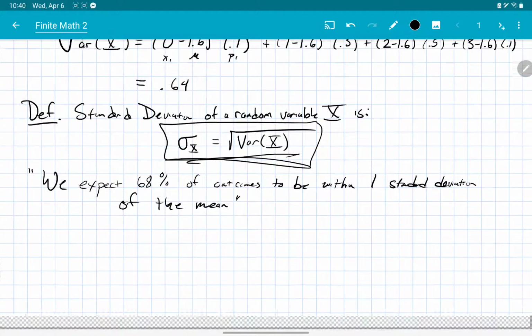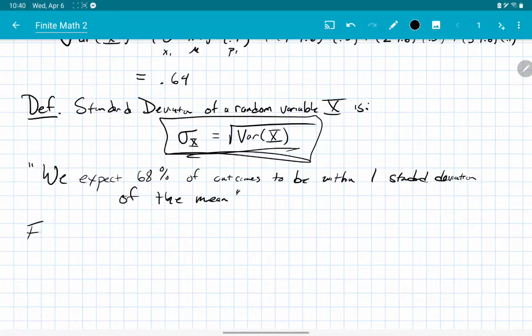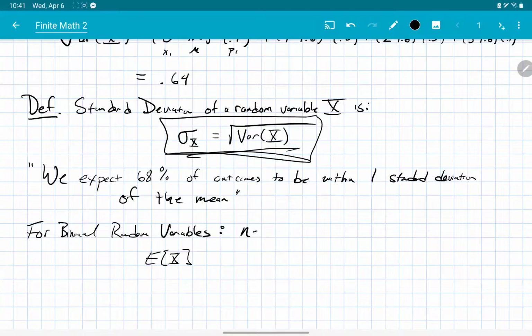Okay. Now, for binomial random variables, we have an easy formula for standard deviation and variance. I'm going to put the expected value again. So this would be, let's say n trials. P is the probability of success. Q is the probability of failure.